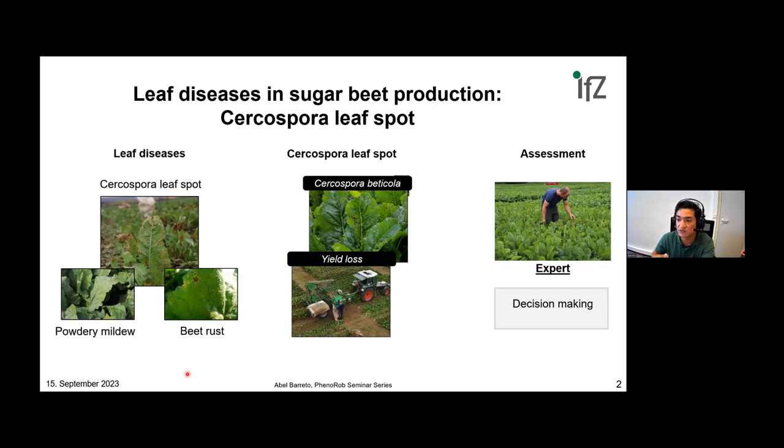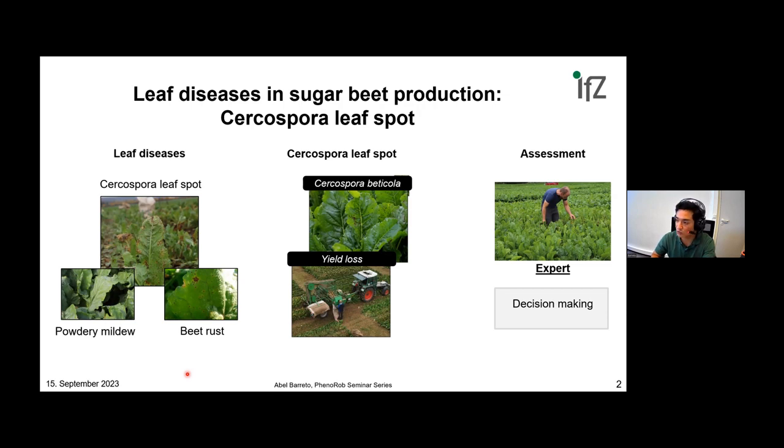It's probably a combination of all of these aspects that supports the spread of the disease, and all these aspects make the pathogen really difficult to control. It's already several years that Cercospora leaf spot is causing headaches for sugar beet growers, and is continuously a topic in the cultivation here.